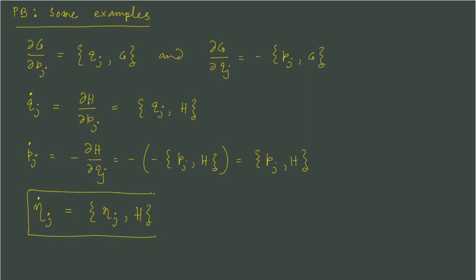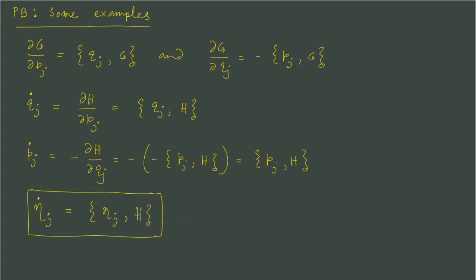So it looks like our new form of the equation. It's basically Hamilton's equations of motion, but written using Poisson bracket. The advantage is that now it has a simple form. It looks very close to the quantum equations though.